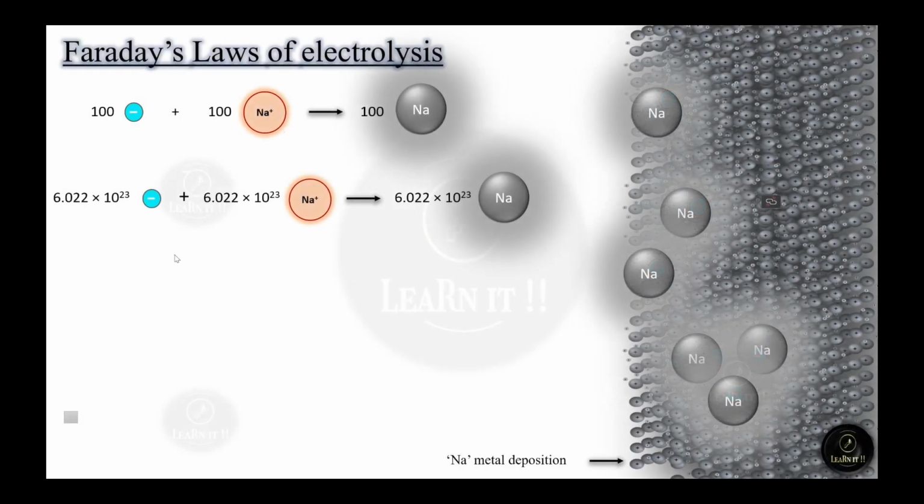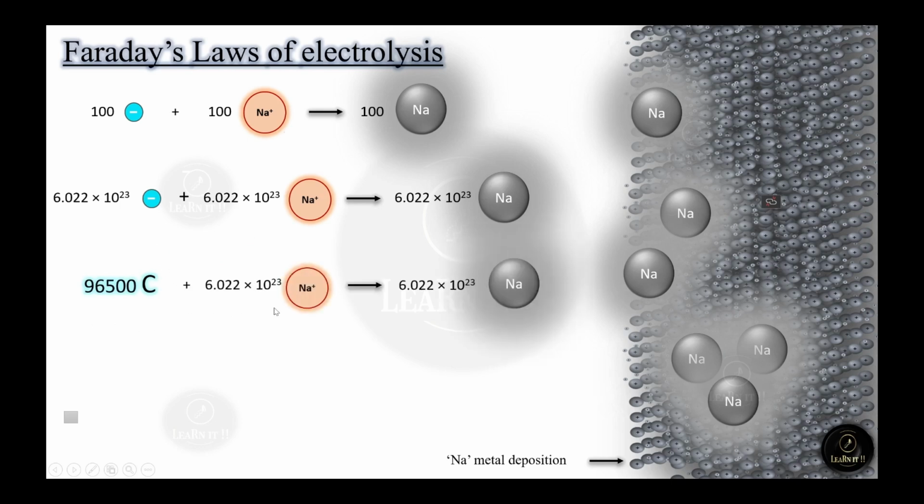If the battery provides 96,500 coulombs, then Avogadro's number of sodium ions get converted into Avogadro's number of sodium atoms.